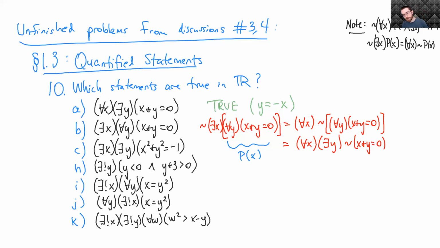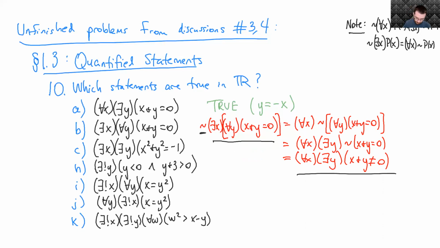The negation of x plus y equals 0 is just x plus y is not equal to 0. All that is to say, the negation of this statement is this statement.